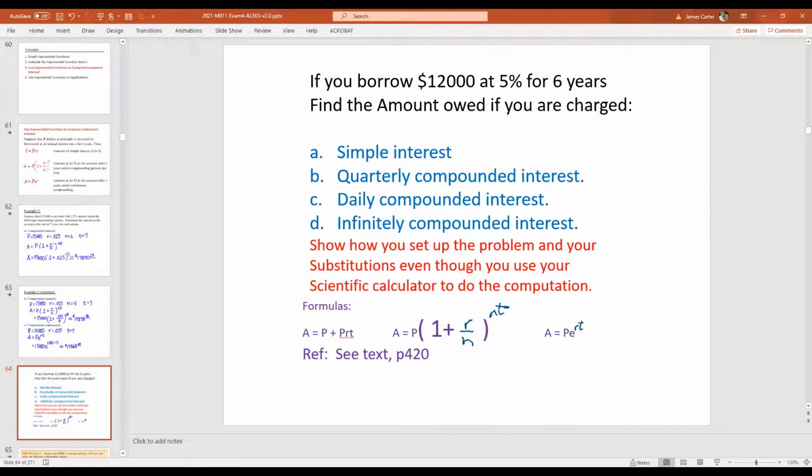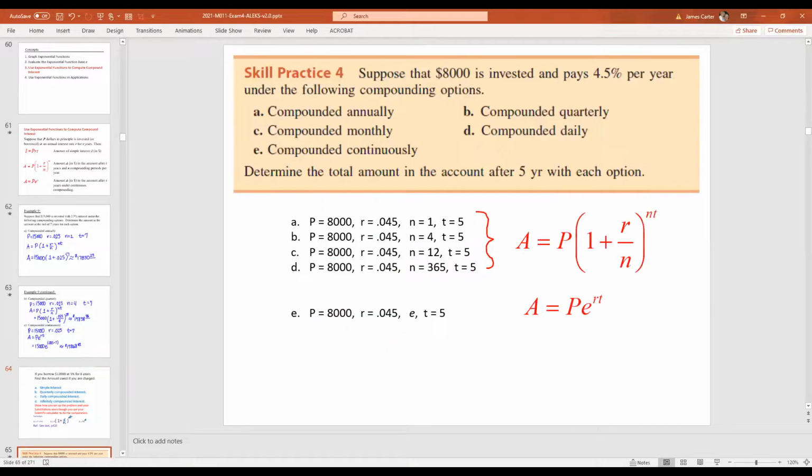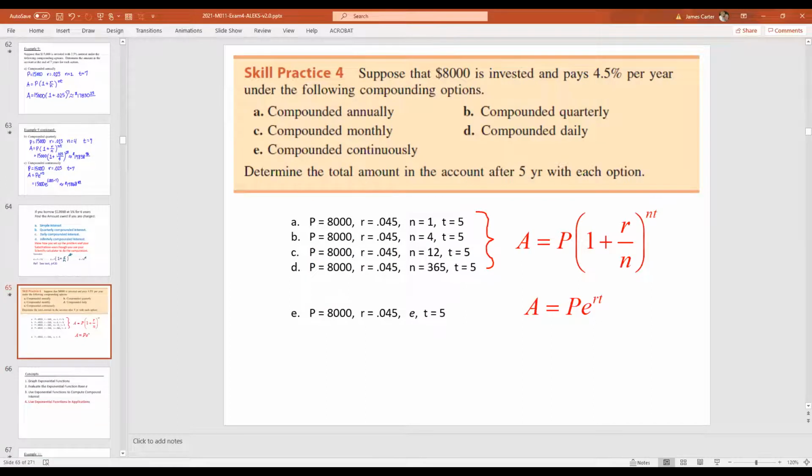Here are your formulas. We've talked about them before. Now, here's an example. Suppose 8,000 invested pays 4.5% per year. Determine the amount after 5 years.